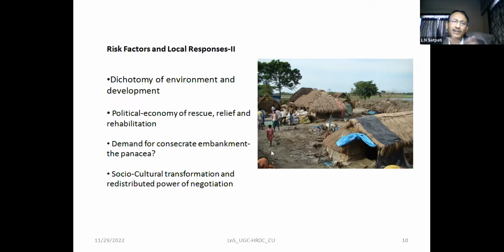So if it is a concrete environment, that may save some human habitations and agricultural fields and some vital installations, the life support systems, but that may create some damage to the sensitive ecosystem of the region.